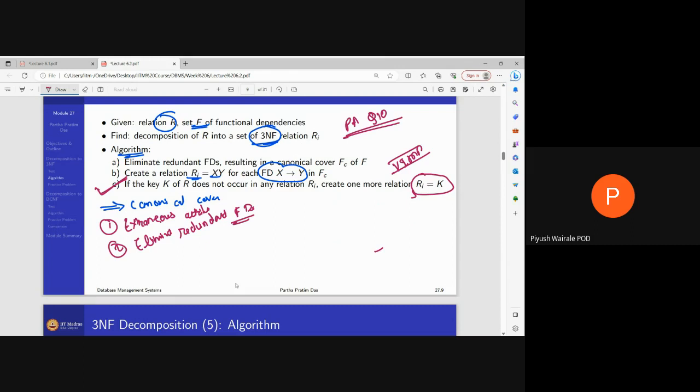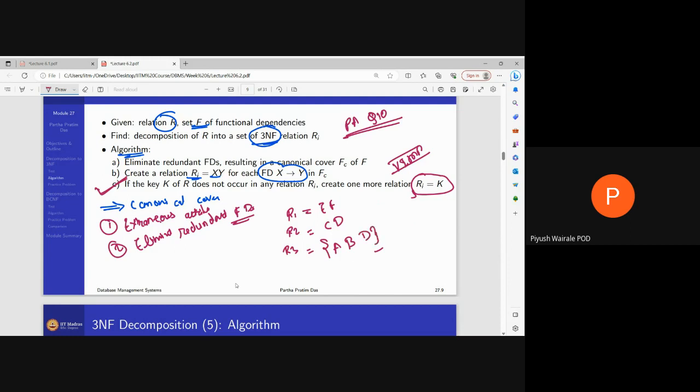So for example, in the previous example, we have R1, R2, R3 only, right? So suppose we have EF, CD, and suppose A, B, D, right?